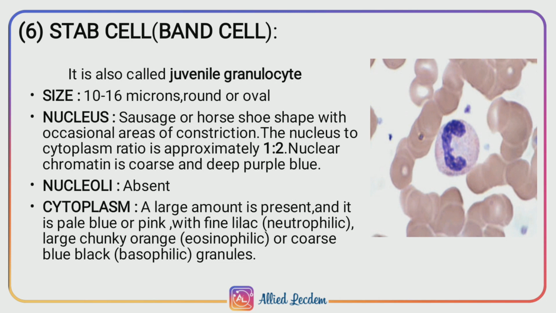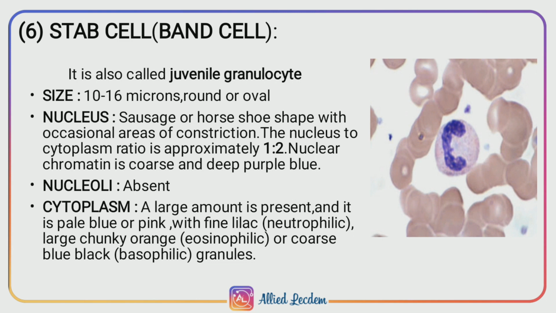The shape of the nucleus is sausage, which is a cylindrical shaped food item, or horseshoe shaped as present in the blood picture, and also with some occasional areas of constriction. The nucleus to cytoplasm ratio is approximately 1:2, and the nuclear chromatin appears coarse and deep purple blue.